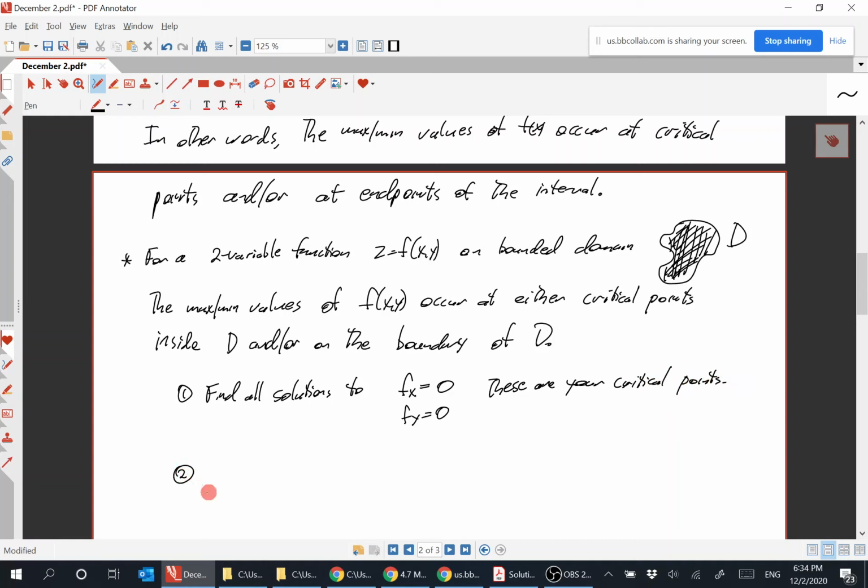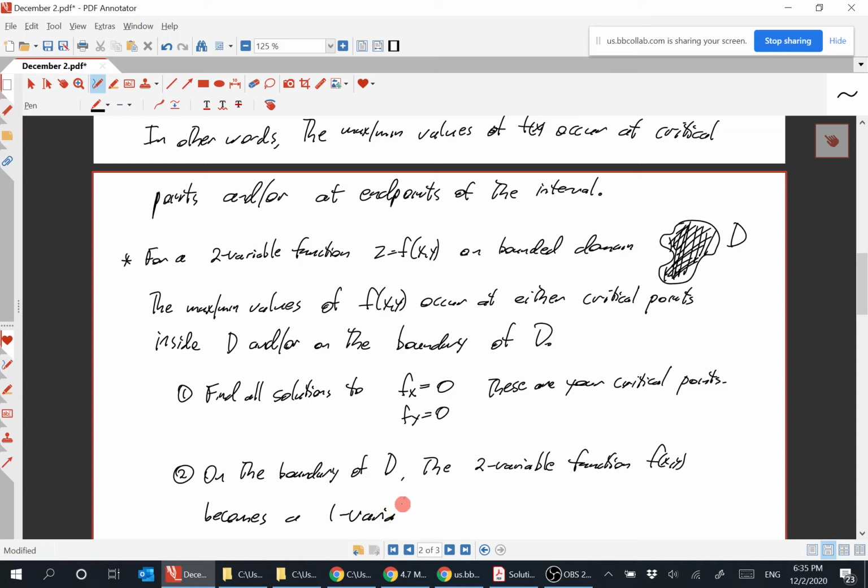Step 2, on the boundary of D, the two-variable function f of x, y becomes a one-variable function. On the boundary, the two-variable function becomes a one-variable function.